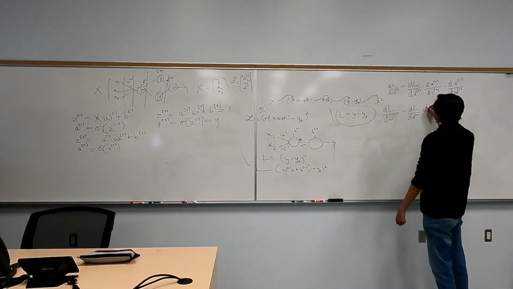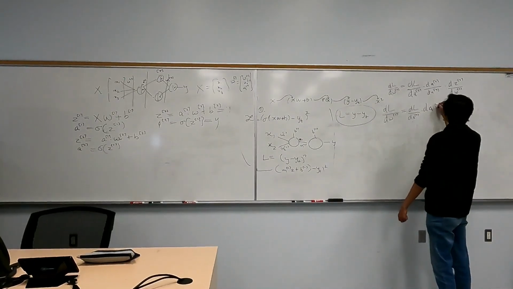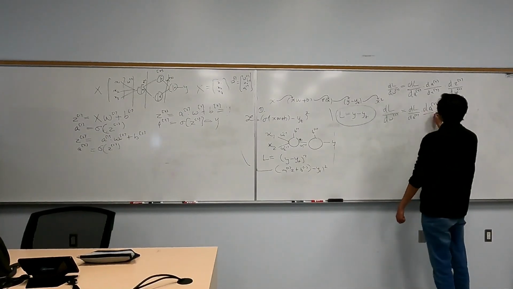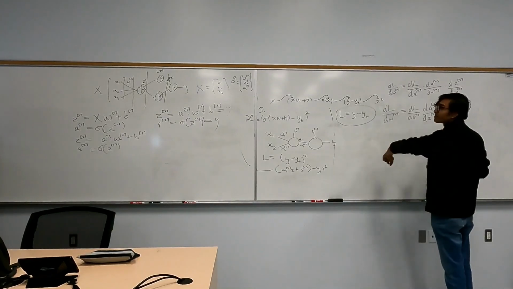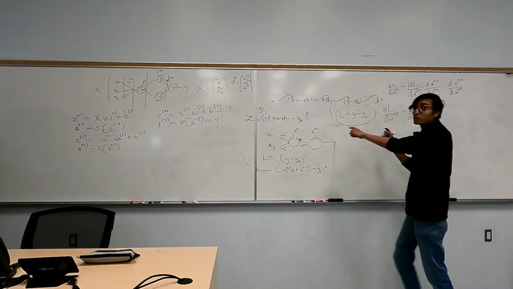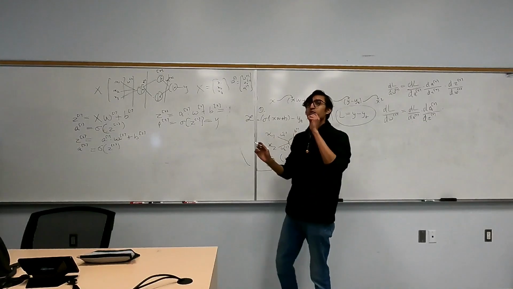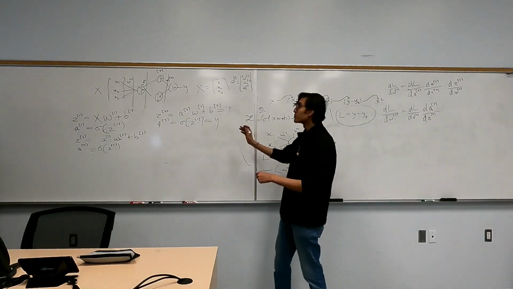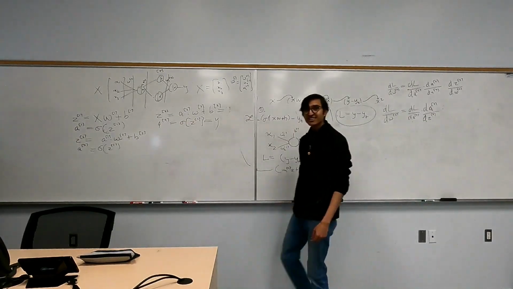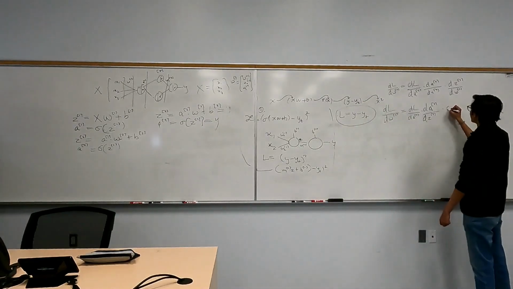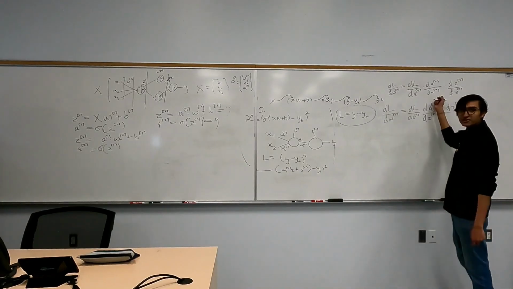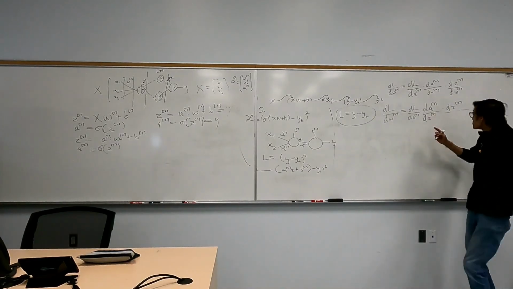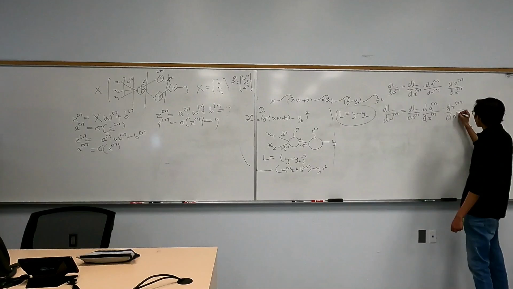What is A3 directly dependent on? Z3. What is Z3 directly dependent on that will let us move back? A2. Perfect.